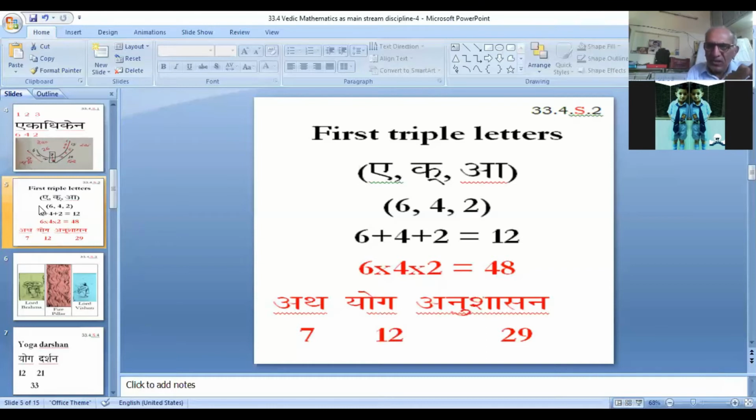The yoga discipline, Patanjali Yoga Darshan, is the scripture which becomes the mathematical scripture of the mathematical domain process for its unfolding.